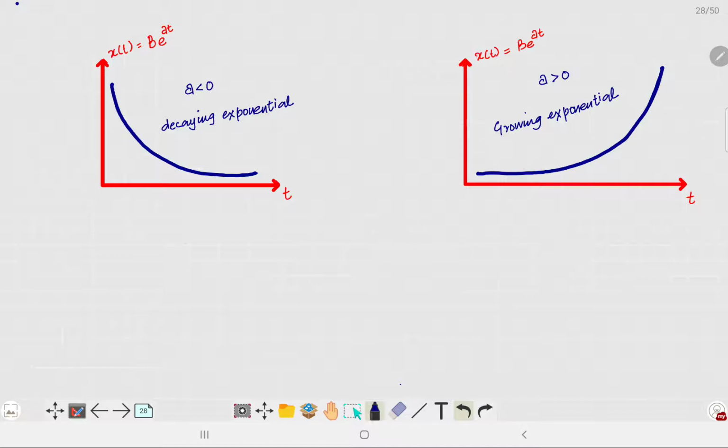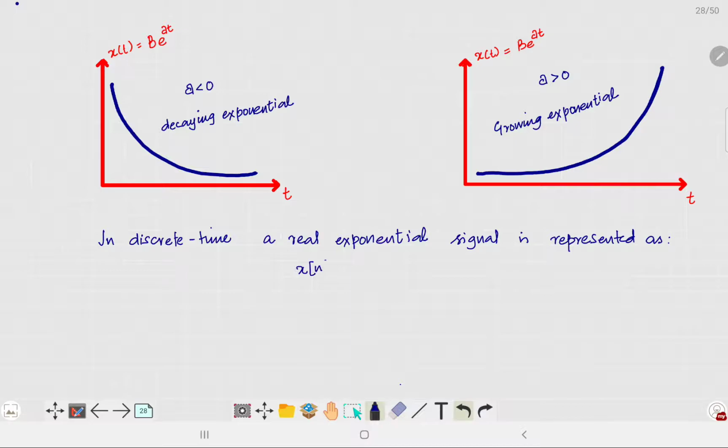Obviously this is the time domain representation, x of t. Let me write down that in the discrete time domain, a real exponential signal has a slightly different form. It is represented as x square brackets n, which is our universal notation for the discrete time signal.